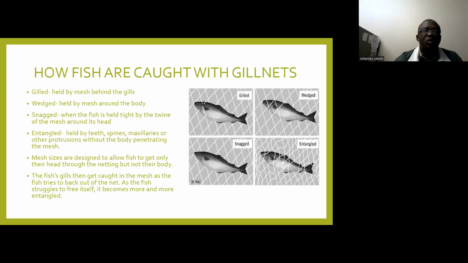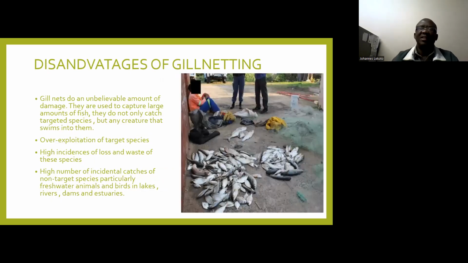I'll then move to the disadvantages of gill netting. Gill nets do an unbelievable amount of damage. They are used to capture large amounts of fish. They do not only catch targeted species, but any creature that swims into them.